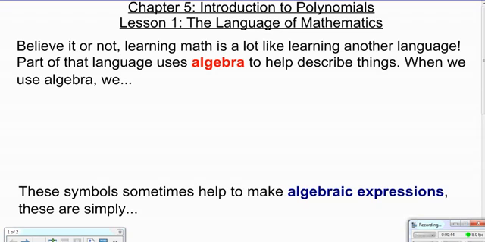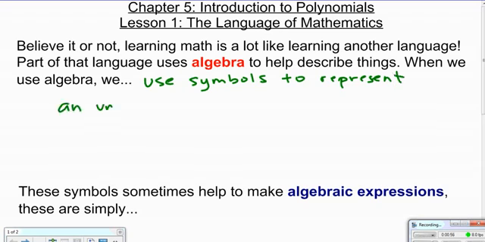So when we are using algebra, we are using symbols to represent an unknown value. Okay, so the symbol could be a letter, just like in Pythagorean theorem we use letters.